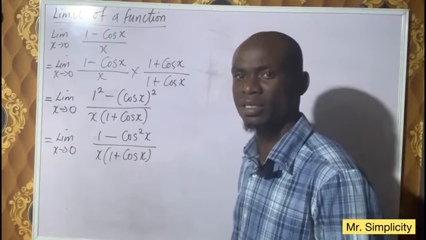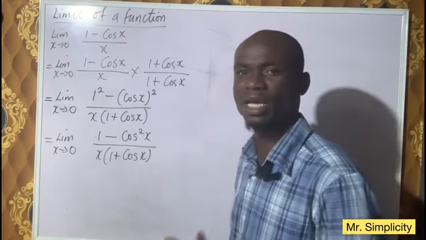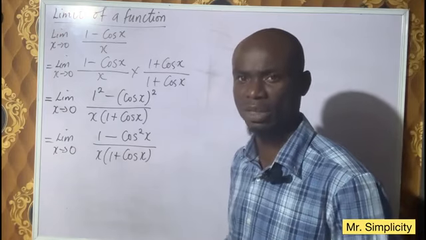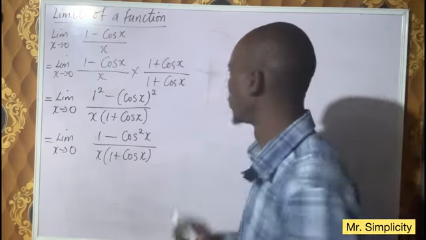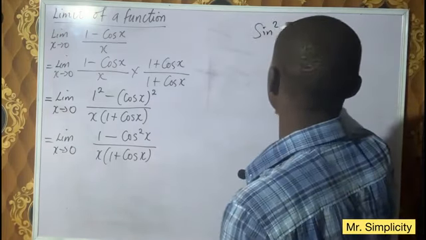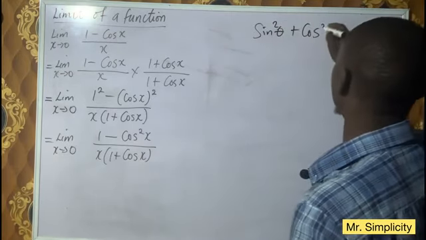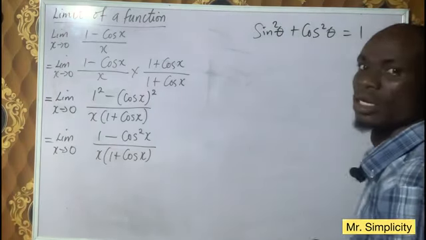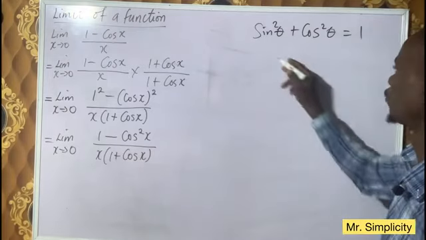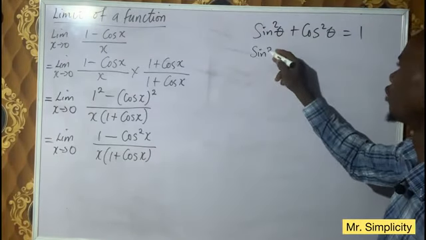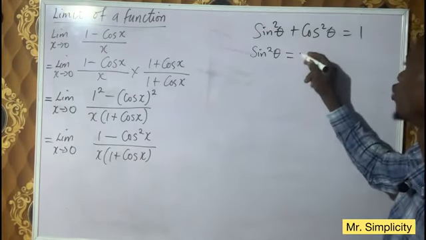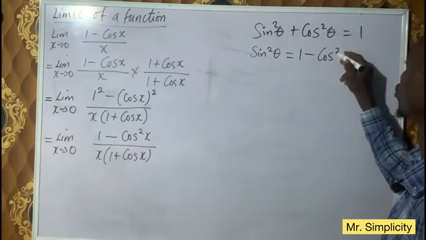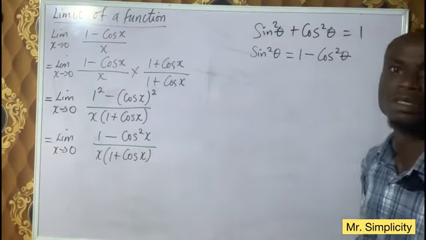The first basic identity says that sine square theta plus cos square theta is 1. If I make sine square theta the subject of the formula, I have sine square theta equals 1 minus cos square theta.